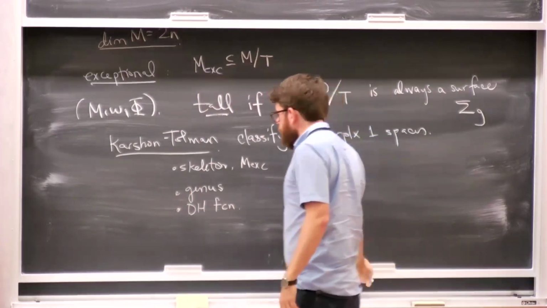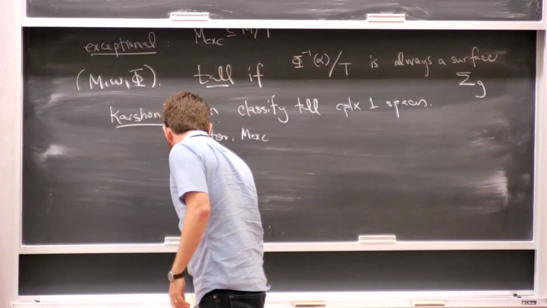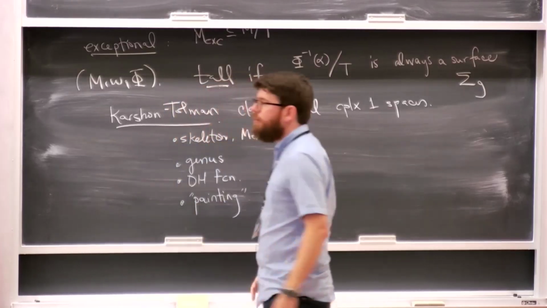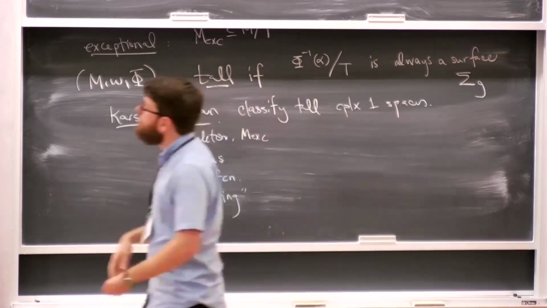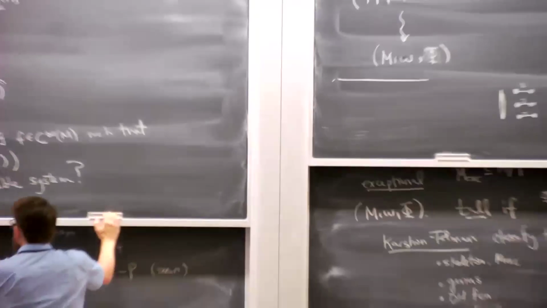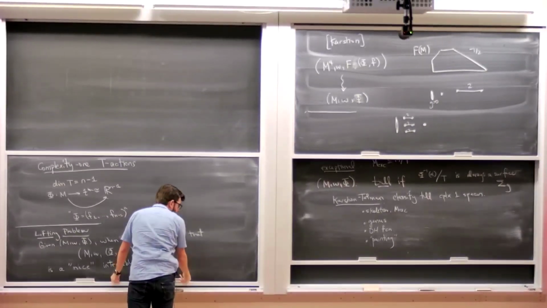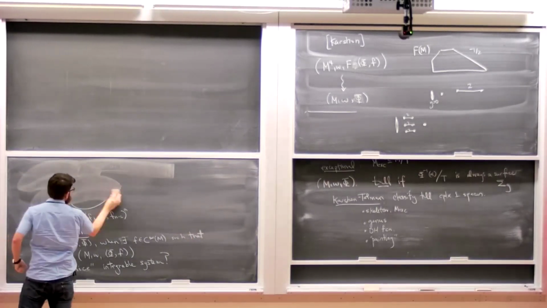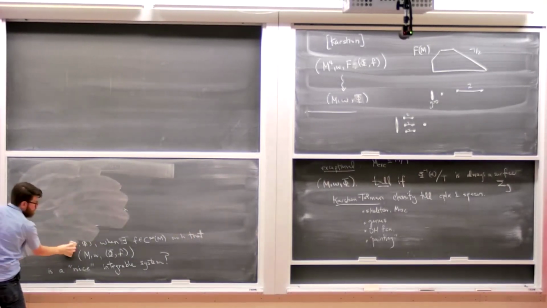And there's another invariant called the painting, which people have also mentioned several times in this conference. And I think I can explain the ideas behind this package of invariants in one picture. And then I can draw pictures for 5 minutes.